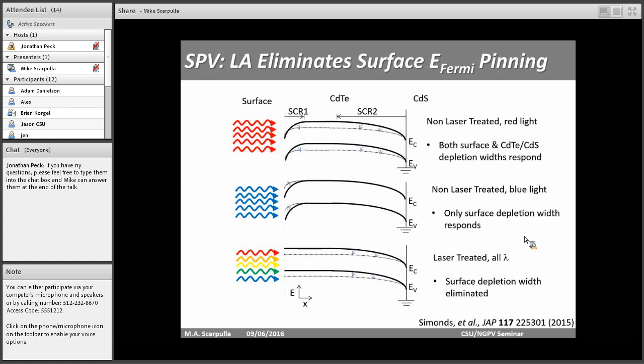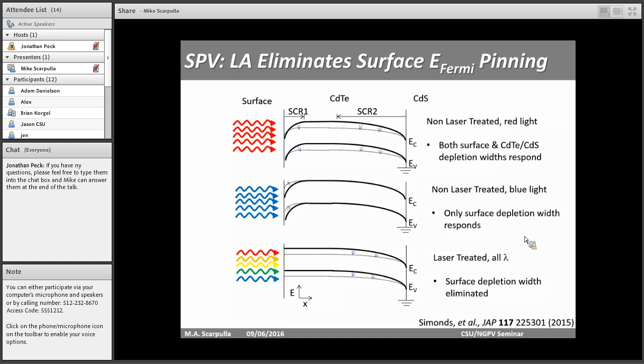So this picture illustrates that point. When we're in long wavelengths or sub-band gap, and just above band gap, the light is penetrating into the sample and at least some of the carriers from that excitation are reaching the main heterojunction, the cadmium telluride cadmium sulfide junction, which is illustrated here by SCR2. So you get photovoltage from both of these space charge regions, and their voltages subtract because their E fields are pointing in opposite directions.